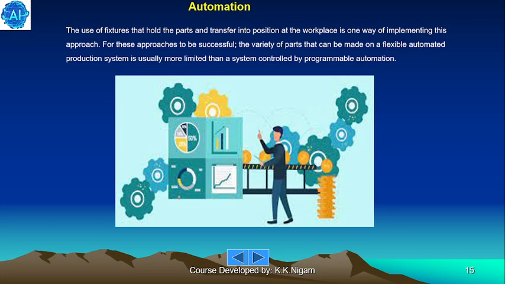The use of fixtures that hold the parts and transfer them into position at the workplace is one way of implementing this approach. For these approaches to be successful, the variety of parts that can be made on a flexible automated production system is usually more limited than on a system controlled by programmable automation.